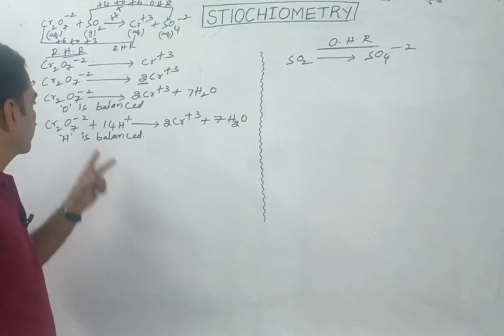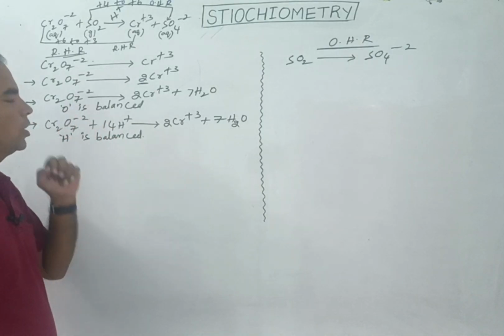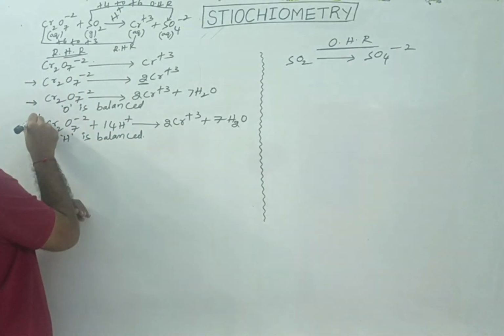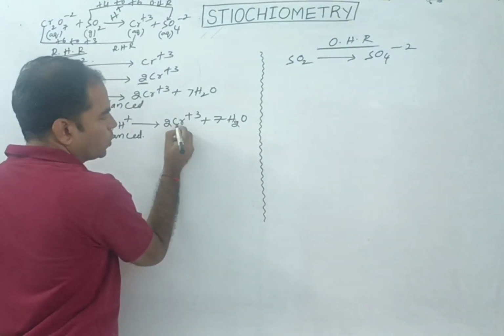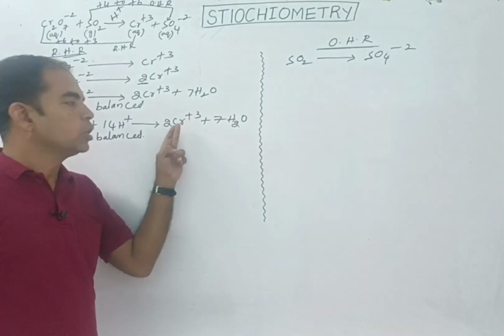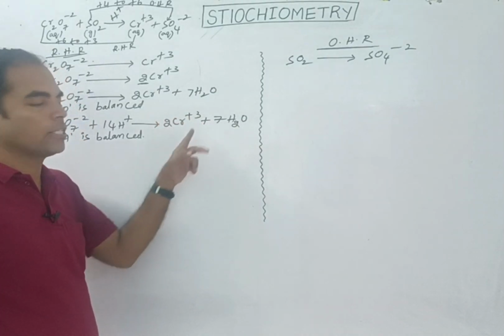Now charges. Here 2 negative charges, 14 positive charges. Total net charge is 12 positive. Remember, this is a very important step. Here 2 Cr 3+ means 1 chromium charge is plus 3; 2 chromium means plus 3 and plus 3. Total net charge is plus 6.